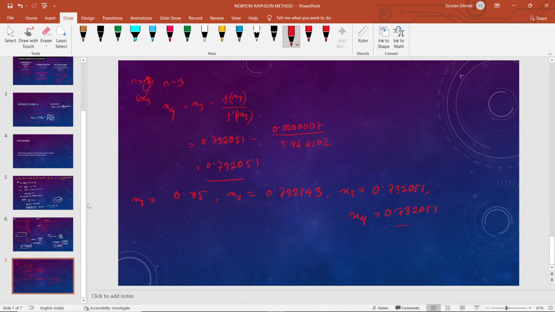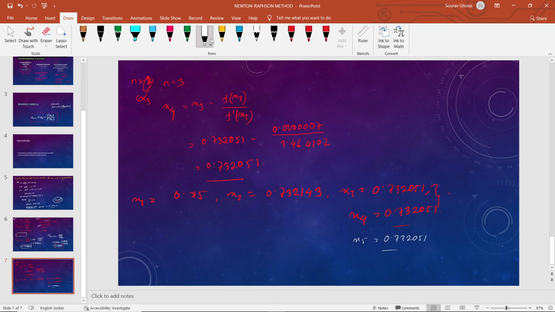So now see here that these two values are consecutively repeated, and from here you can say that this is the required root. So this is an iterative method, and after some iterations, if you check, you will find x5 is also like this one.